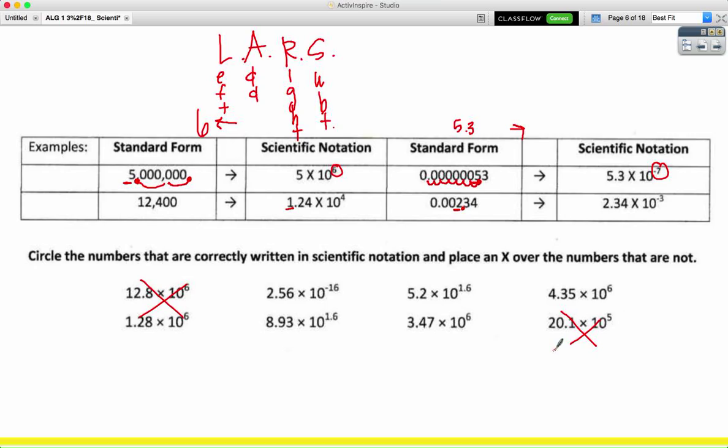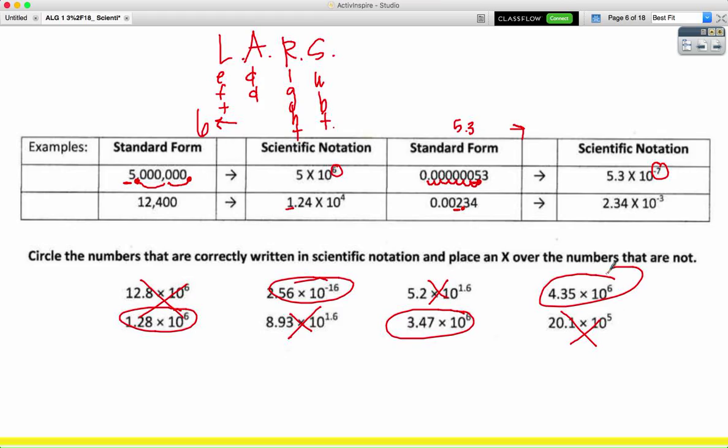So if we have decimal or fraction exponents, that's also not okay. So I happen to notice down here there's a 1.6, that's a decimal exponent, that's not scientific notation, and then there's another one right here. So the ones that are in proper scientific notation, we've got this one, this one, this one, and this one. Those are all correctly in scientific notation.